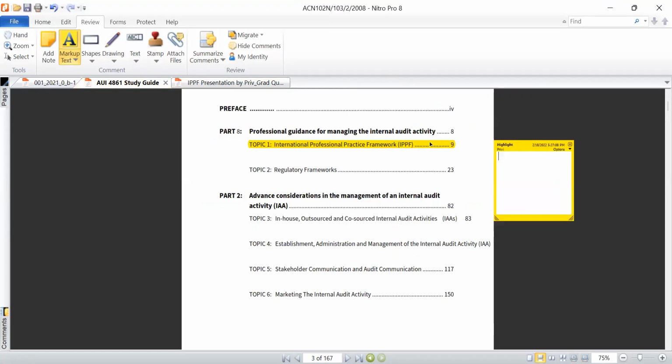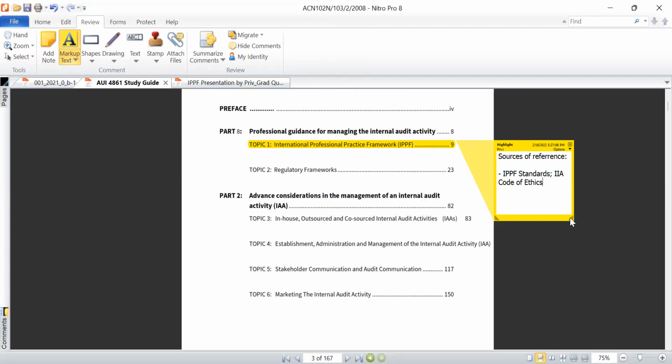So just some few outlines that you need to know. Sources of reference for this concept: you just need to look into your IPPF standards. You need to look at the IIA Code of Ethics.